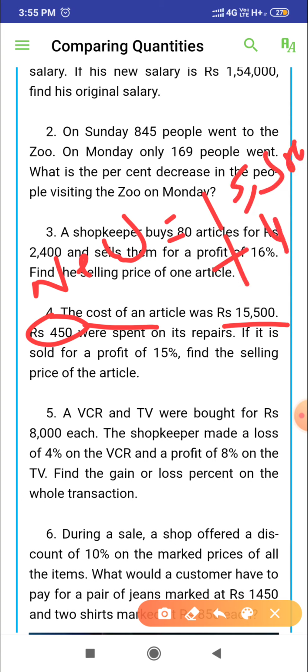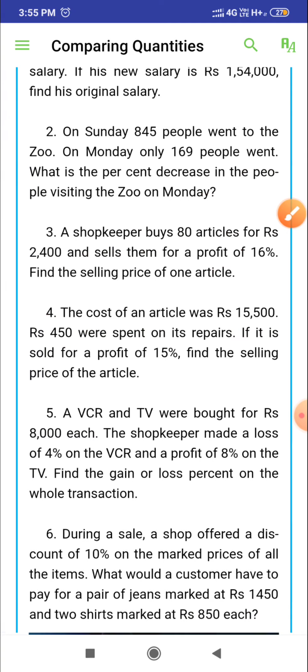We add overhead charges to the cost price of the article. Then it is given in the question that the profit percent is 15% and we have to find out the selling price of the article. So first we write down all the information that is given in the question.